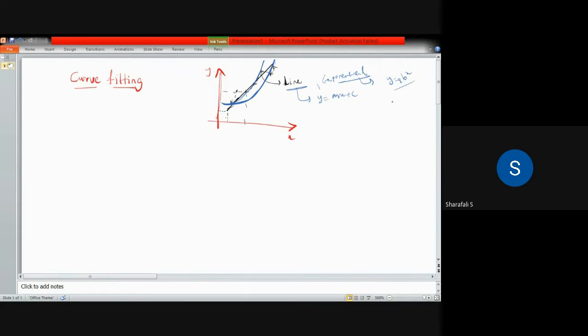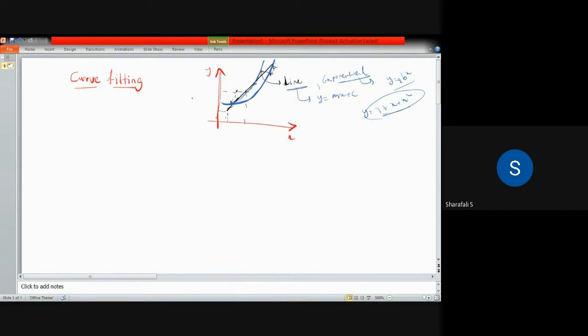Or if you are using any other polynomial, let's say 1 plus x squared, some constants may be multiplied with x and x squared. All these curves can be used to fit this data. So fitting means getting an approximate curve for the given data points.